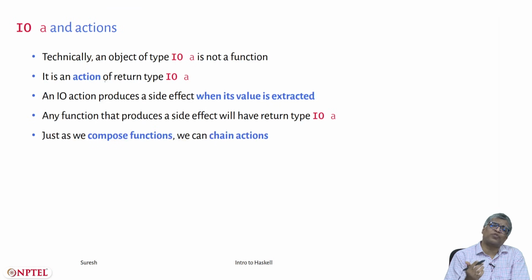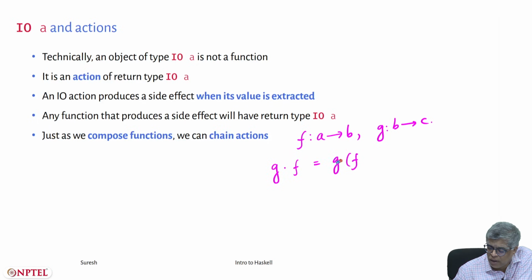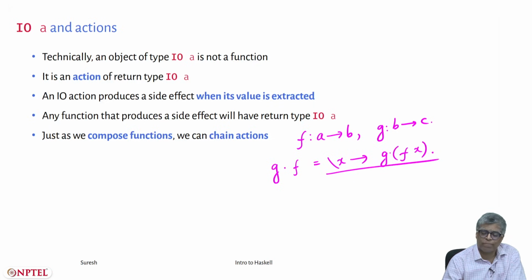So just as we compose functions, we can chain actions. Okay, this is the next thing. So what does composing function mean? If I have f of type A arrow B and g of type B arrow C, then composition f dot g is nothing but lambda x of g applied on f applied on x. Okay, right? You first apply f and then you apply g on the result.